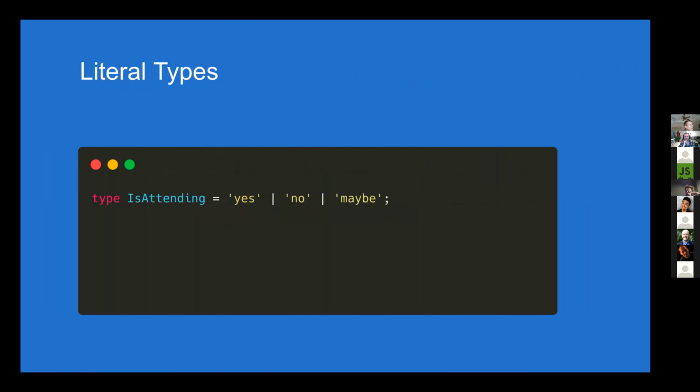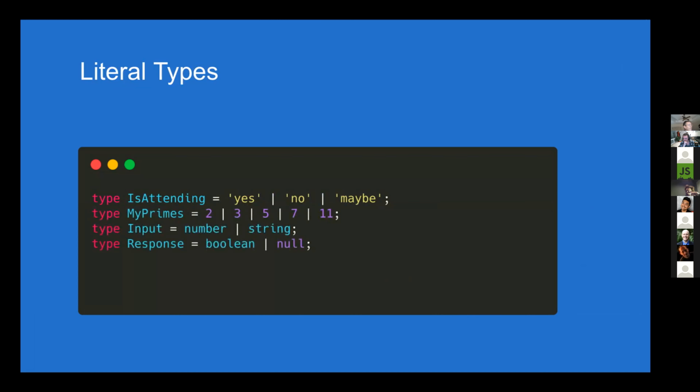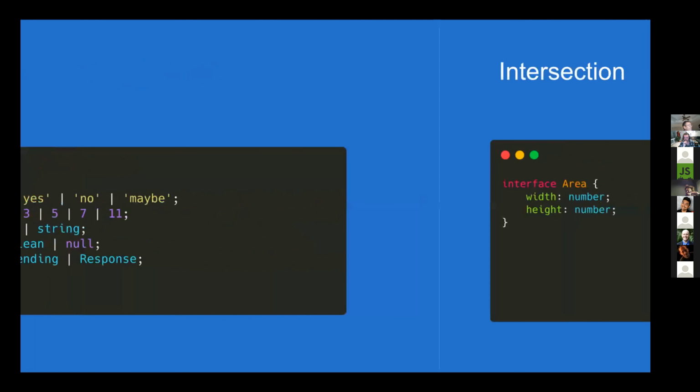Literal types can also be numerical literal, string literal, or any combination of basic types, such as Boolean or Null, maybe an option. I don't think Null is a subtype of Boolean, so we could say that. And you can also use union to be a subset of other literal types.